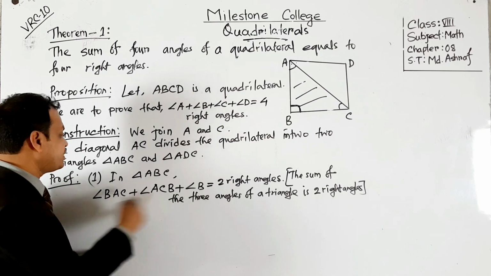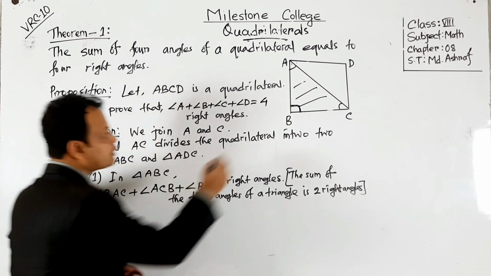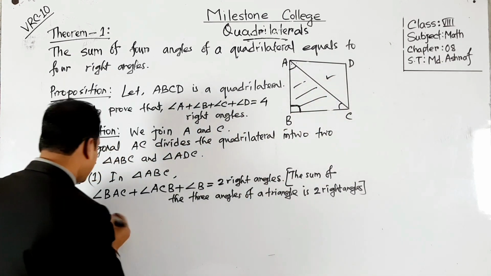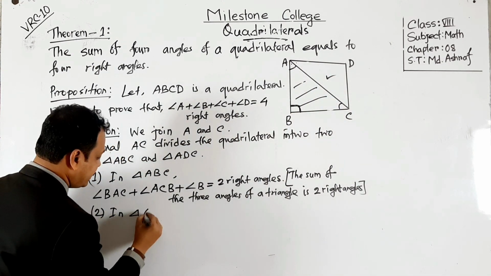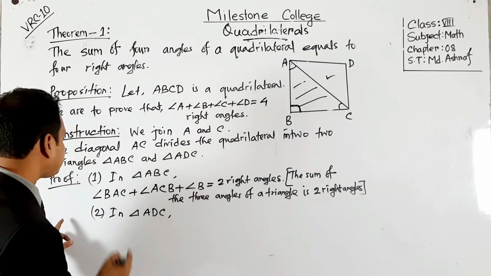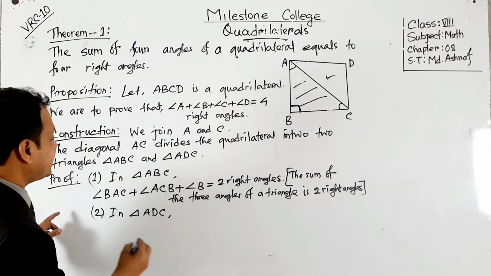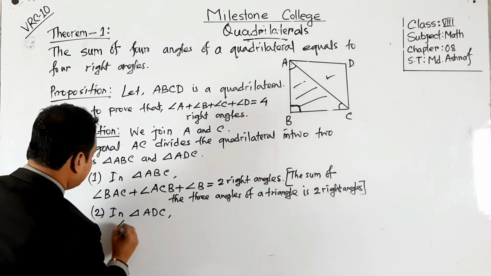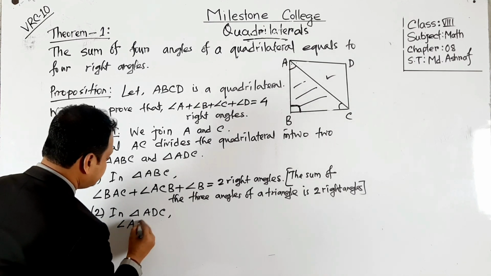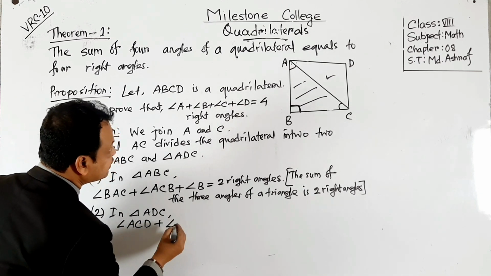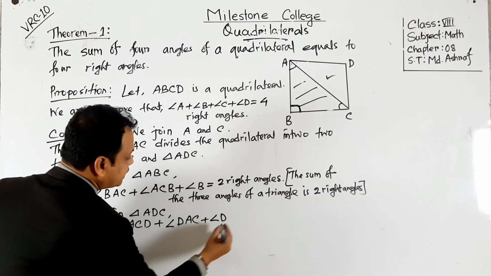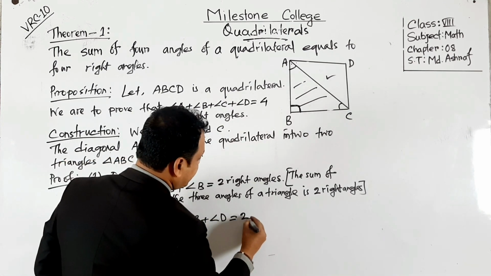Then the same thing will apply in point number 2. So there is another triangle. What is it? ADC. So we'll write in triangle ADC, the sum of three angles: one is angle ACD plus angle CAD plus angle D equals two right angles.